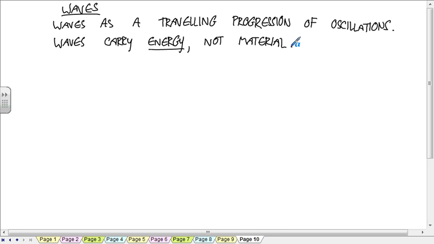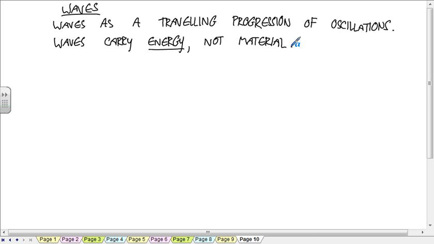In other words, what a sound wave does, as an example, is when a sound wave travels, air molecules here vibrate, and then air molecules next to those vibrate, and then air molecules next to those vibrate, okay? It's that succession of vibrations that carries the wave.